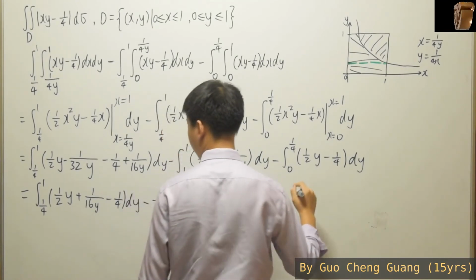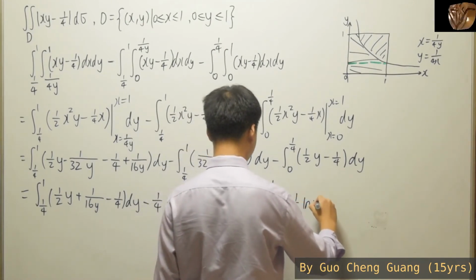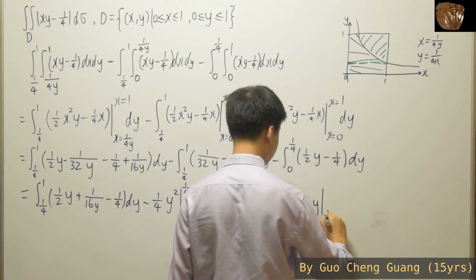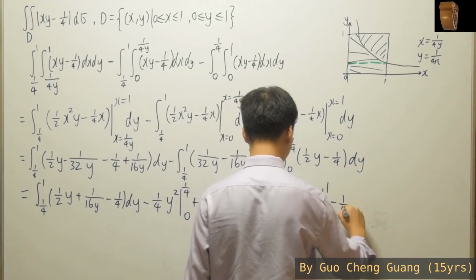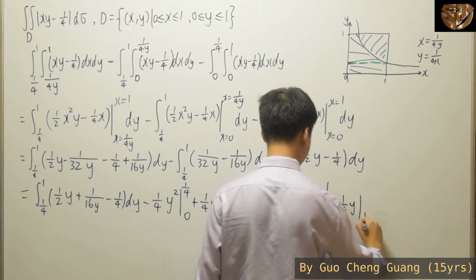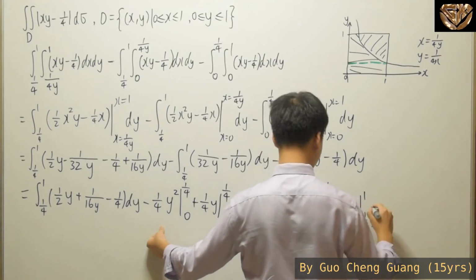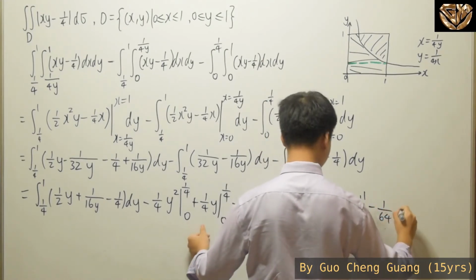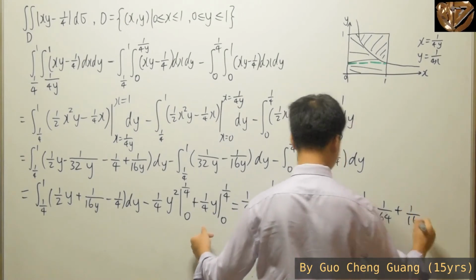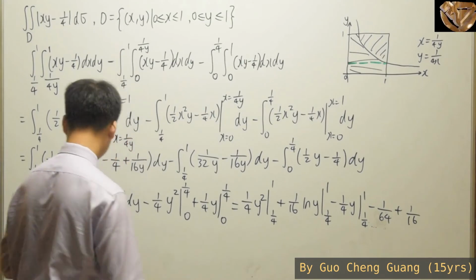And then add on 1 over 16 ln y, substituting the values 1 over 4 and 1. Then minus 1 over 4y, the values 1 over 4 and 1. Well, for the parts behind, you will have minus 1 over 64, 0, plus 1 over 16. Right, so these will be what you have to find.